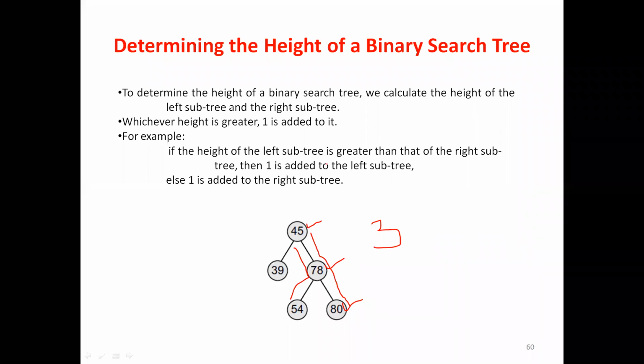Now we are going to see the algorithm for how to calculate the height of a binary search tree. If the height of the left subtree is greater than the right subtree, then 1 is added to the left subtree.